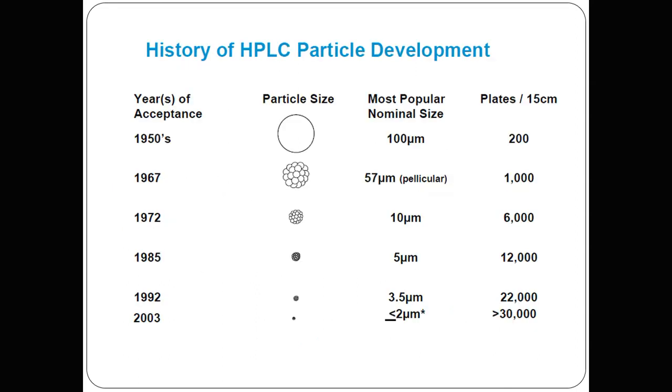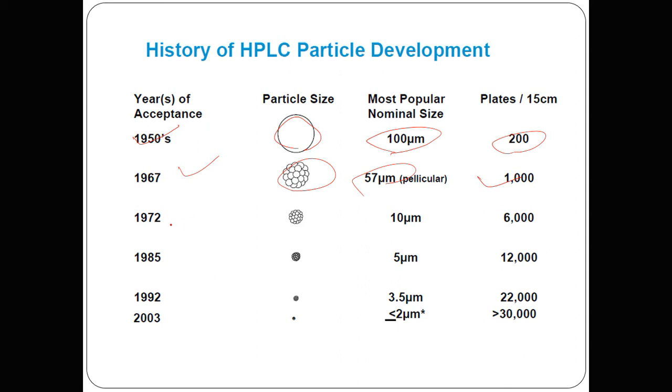Then the history of HPLC particle development. In the 1950s the particle size was about 100 microns, and plates per 15 centimeters was 200. Then in 1967 it was reduced to 57 micron, and plates per 15 centimeters was 1000.